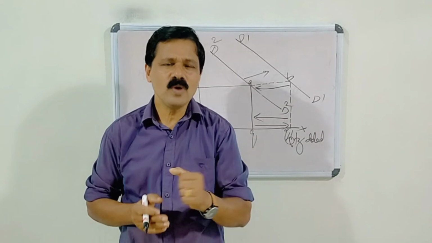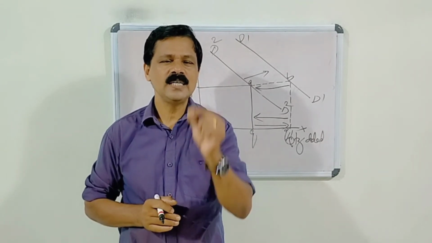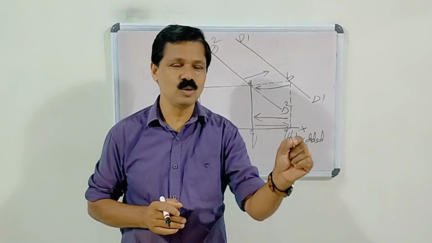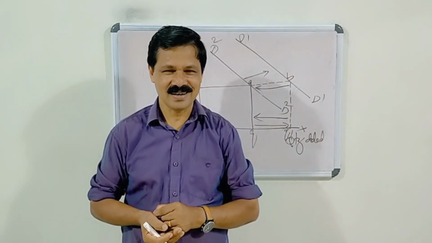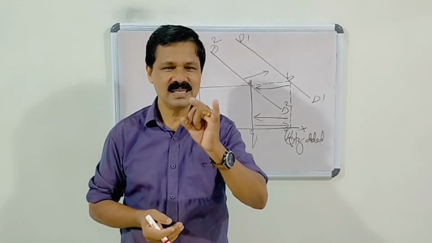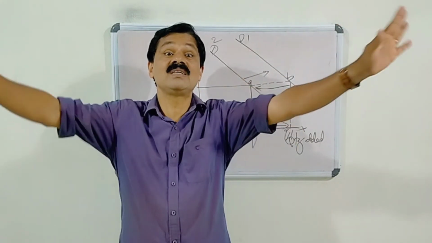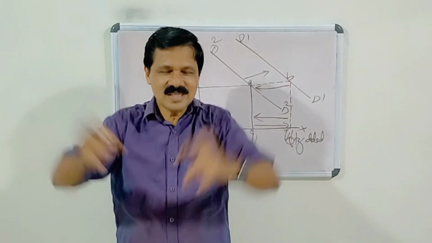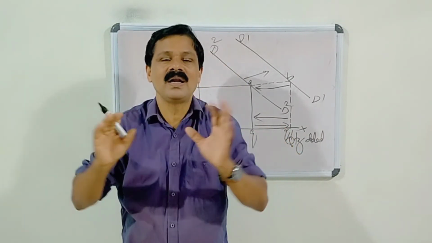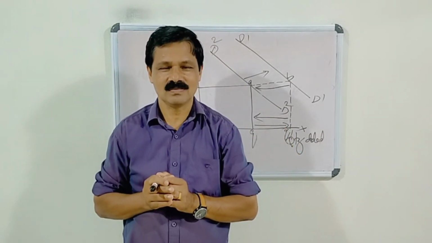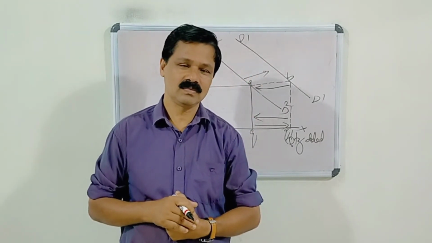The notable point here is that shifts of the demand curve, that is changes in demand due to non-price factors like income, taste and preferences, climatic conditions, price of the related commodities, etc., cause forward or backward shifts of the demand curve. Very simple, and at the same time very important.